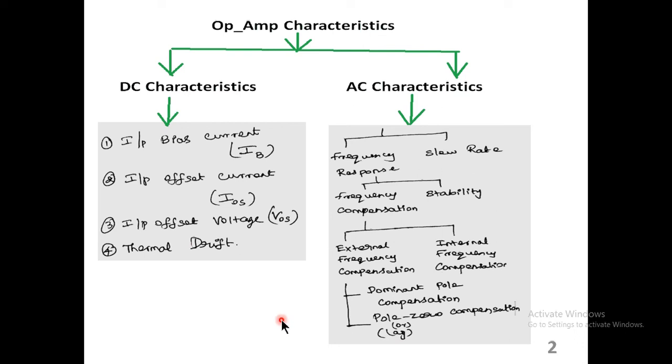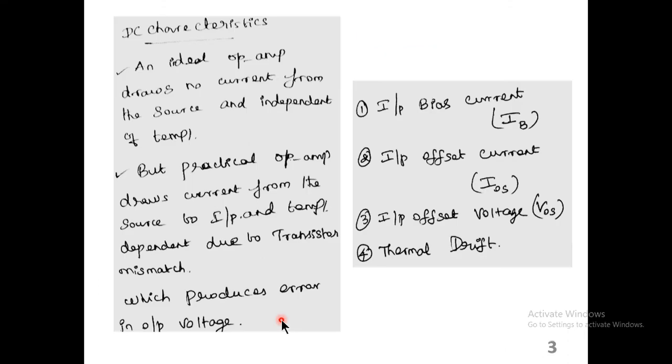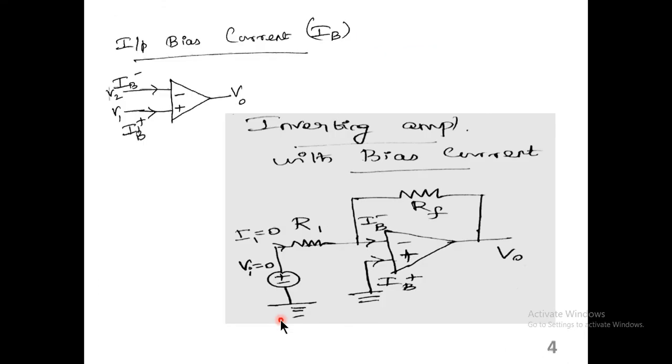Let's first see about DC characteristics. In that, first characteristic is input bias current. It is denoted as IB. As an example, for analysis we are taking an inverting amplifier with bias current.